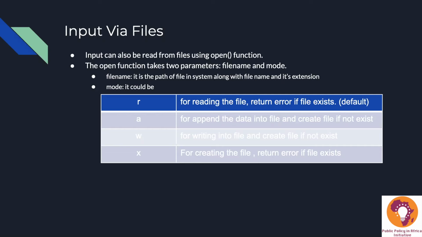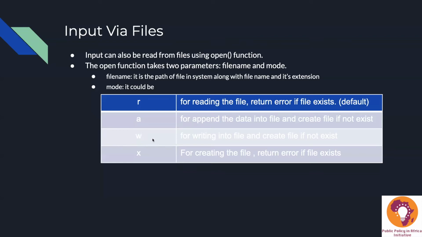If you want to maintain what's in the file and only add new stuff to it, use the A mode. If you want to overwrite the file and delete everything that's in the file and only add your new input into that file, so that you only have the new input you're adding, use the W argument for mode.